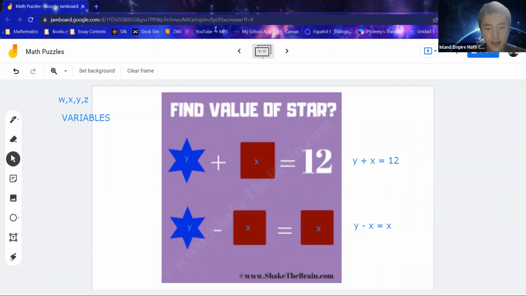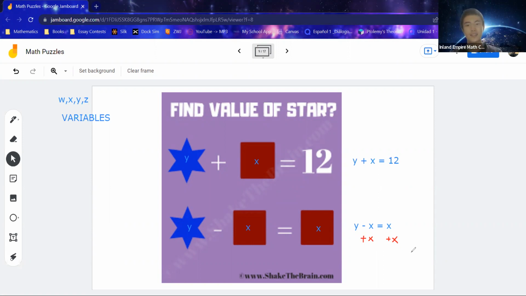Well, since y minus x equals x, we can add x to both sides of this equation, right? Since y minus x is some number that we do not know, for example, if y was 5 and x was 3, y minus x would equal 2.